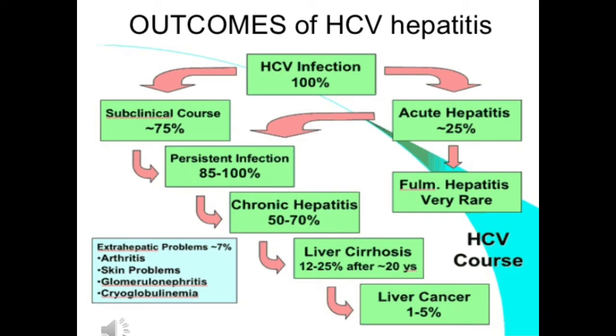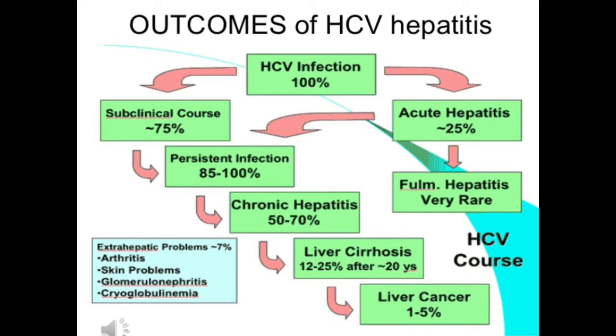Liver cirrhosis is in 12 to 25% after 20 years, and about 1 to 5% can have liver cancer. Acute hepatitis can very rarely form fulminant hepatitis.